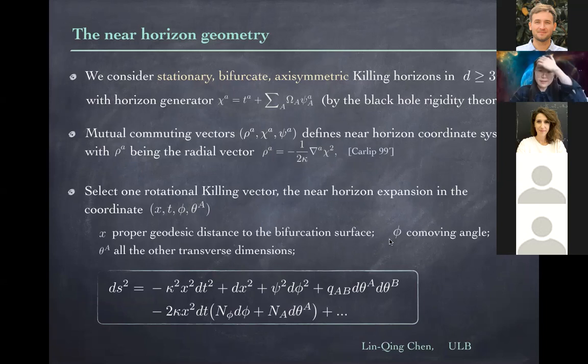Here I want to emphasize that we choose phi to be the co-moving angle, because later it brings out this geometrical character much more explicitly than the Boyer-Lindquist coordinate that people usually use for Kerr. So with phi as the co-moving angle and x as the proper geodesic distance to the bifurcation surface, the near horizon space-time geometry up to first order in the expansion is written in this form, with our familiar Rindler piece.